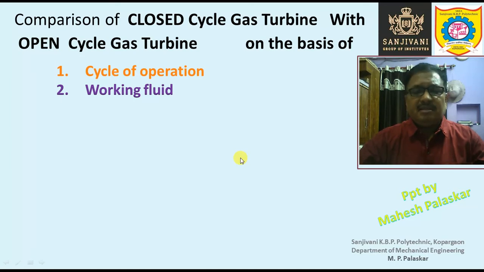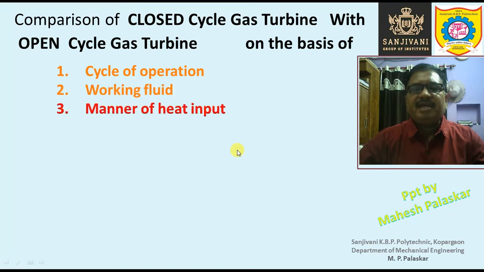This working substance has better thermal properties, and therefore we can change the working substance in case of the closed cycle gas turbine, because the working substance once added doesn't change.